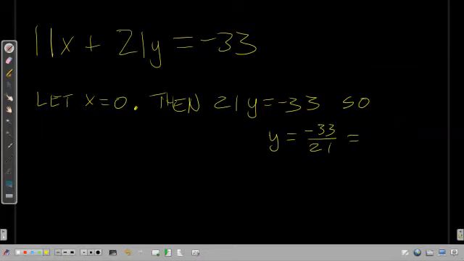But that fraction simplifies because minus 33 is 3 times negative 11 over 3 times 7. And the 3's cancel, so we know now that it crosses the y-axis at minus 11 over 7.